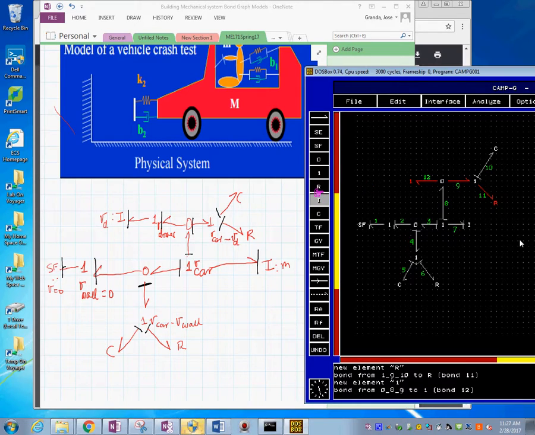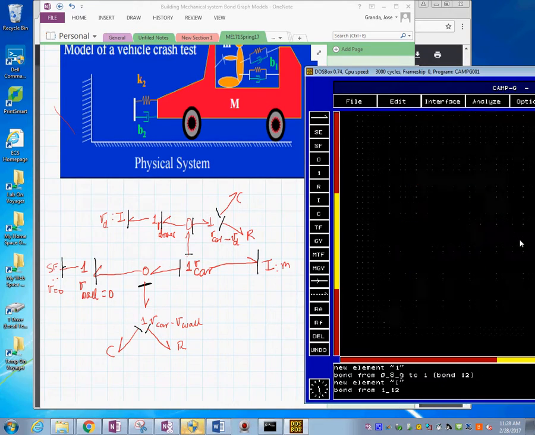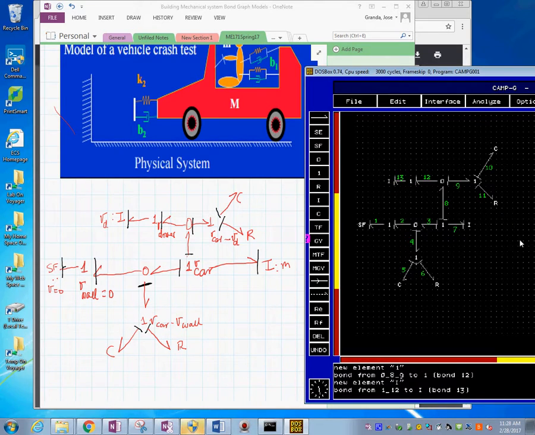And then we need the other I element. Okay, we still have 1 to go, which is this I element right here. And everything is fine now.